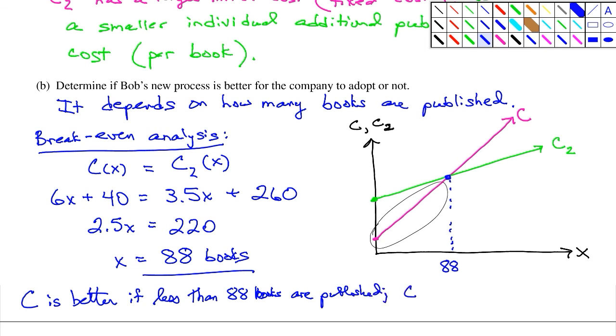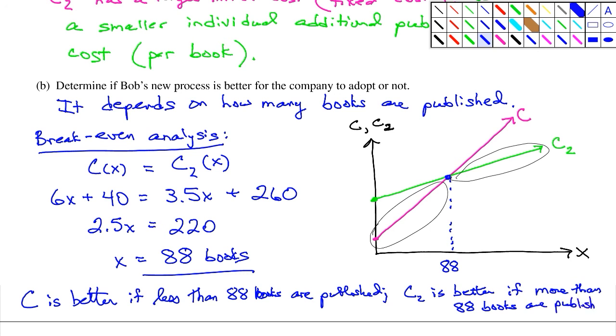And then C2, which would then be this piece right here, is better. And I'm picking these because they're smaller, they're lower numbers. So whichever graph is lower is the one that is the winner, right? Because the lower the graph is on the grid, the cheaper it is. So C2 is better if more than 88 books are produced, are published, rather.